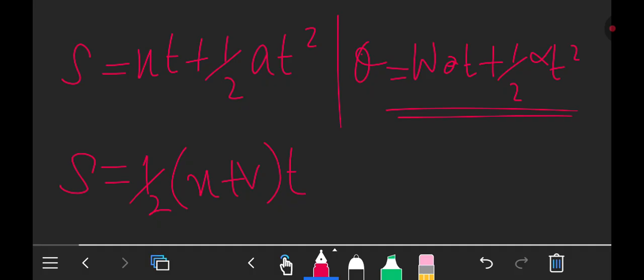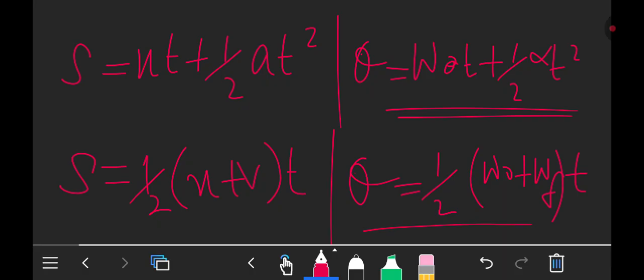We can manipulate this. Under angular, displacement is angular displacement, this is theta, will be equal to half multiplied by initial velocity, which will be omega initial, plus final velocity, omega final, then everything multiplied by the time. So this is very important for us to understand.